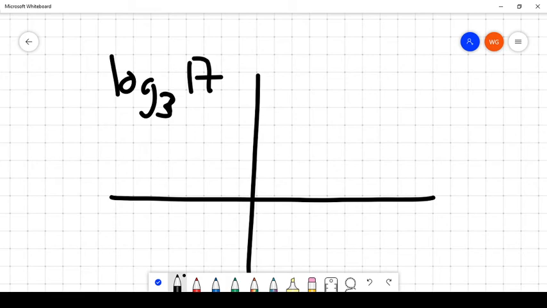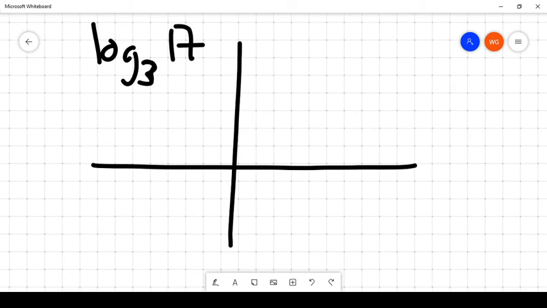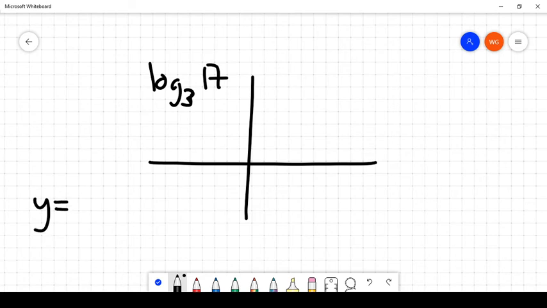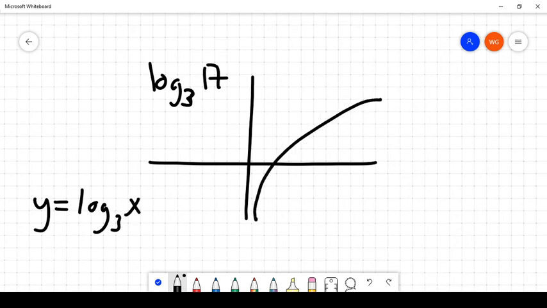Well, what we would do in a situation like that is we would picture the graph of y equals log base 3 of x. Well, it would be something like this. It would be a graph that looks something like that, okay?